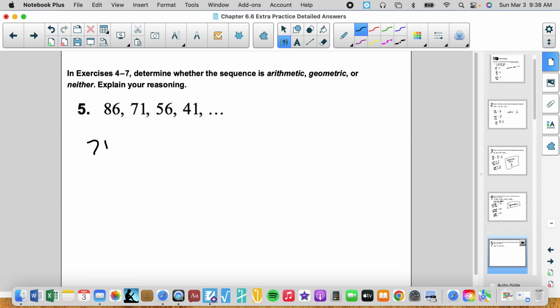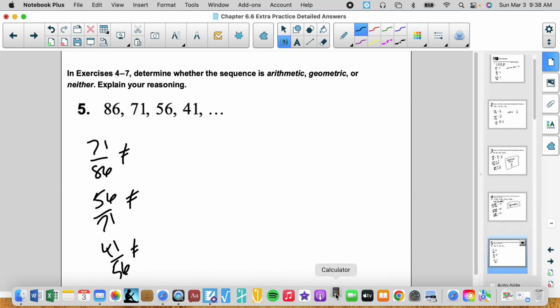For the next one, 71 over 86 and 56 over 71 will not give the same ratio, and that's not going to equal 41 over 56.